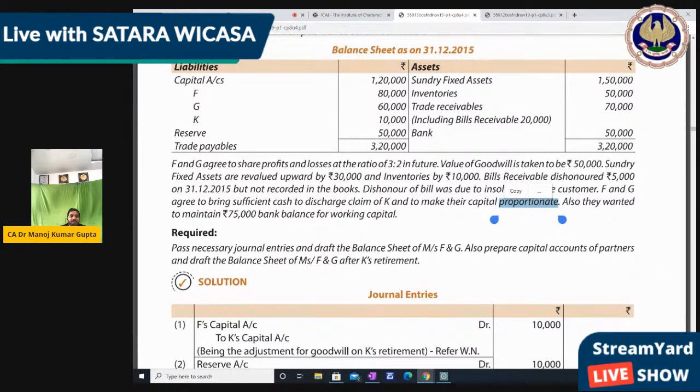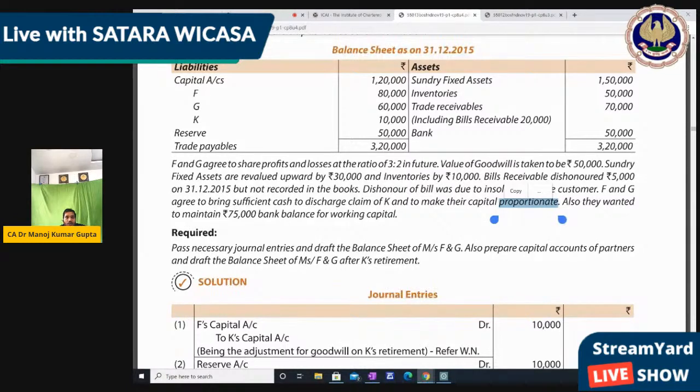Like in the previous question, we had considered B's loan because we didn't have the funds. But in this case, they say it is paid off. So no problem. We will get cash by which we can pay K's amount, and our capitals become proportionate also. Okay.